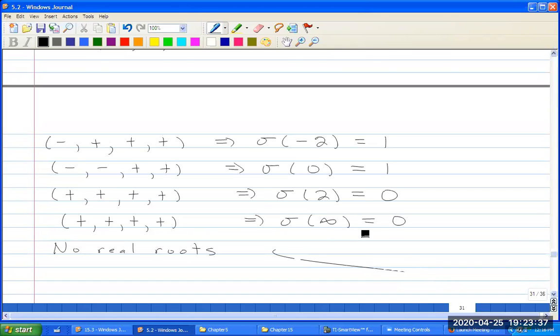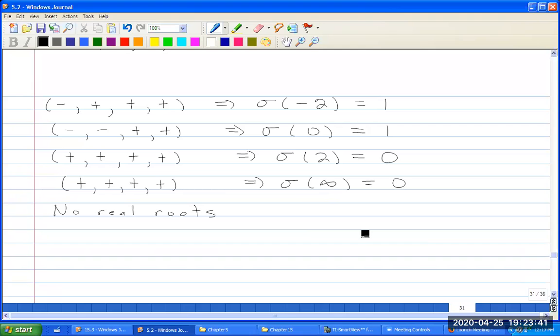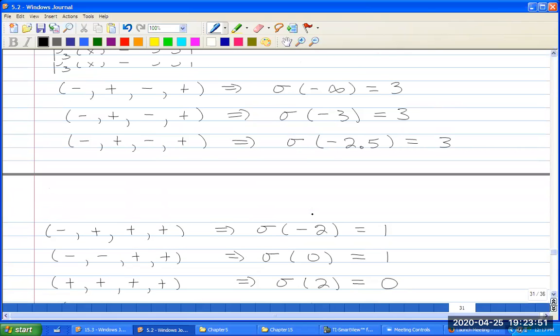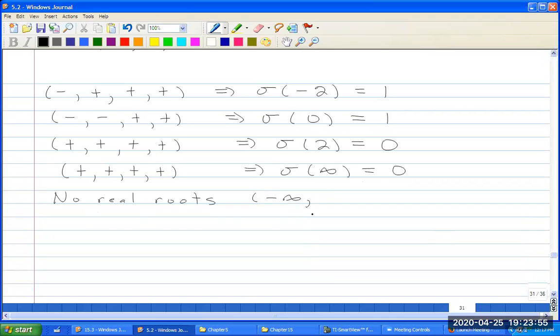Okay, give me control back so I can write this conclusion here. So there are no real roots between negative infinity and negative 2.5, negative 5/2.